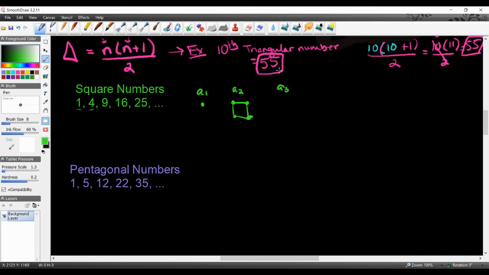So there's the next one. b sub 3, now we're going to extend the dots by 1 or more to give us that third term. But of course, this is not a square, so we actually have to make more lines to connect them. Okay, and that's a total of 9. b sub 4 is going to be the 4 across now.